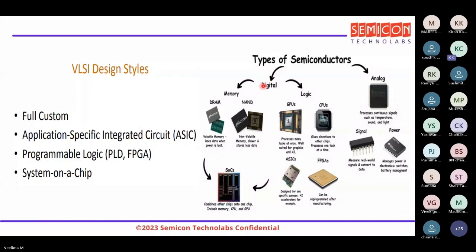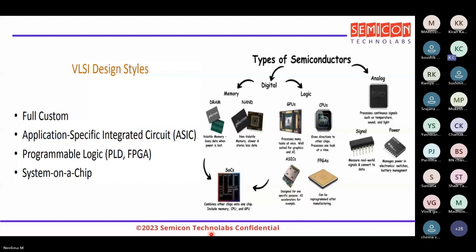Under memories, you have DRAM, dynamic random access memory, NAND gates, and then you can combine majority of these into a very big complex chip that is nothing but system on chip, SOC. It combines other chips onto one chip, including memory, CPU, GPU. Combining majority of these smaller chips, you can make a very big chip that is SOC.